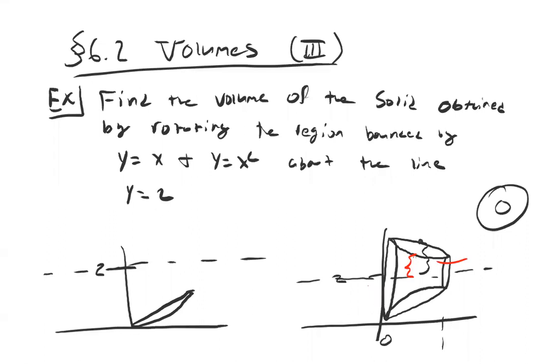Actually, let me fix this drawing because I did mess up on that. So this is going to go like this, and then like that. I have those backwards all around. Let me fix these. So this is the straight line. This is the curved one.